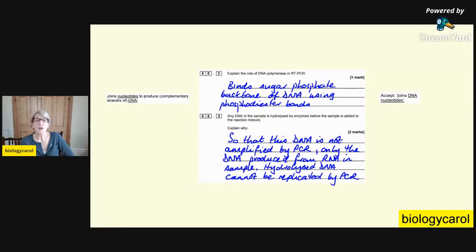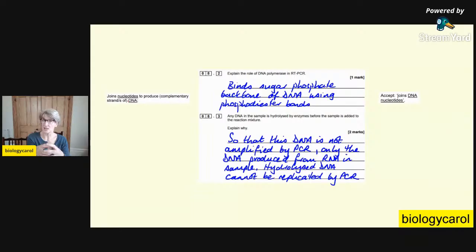Okay, any DNA in the sample is hydrolyzed by enzymes before the sample is added to the reaction material. Well, yes, it's got to be, hasn't it? Because if you have any spare DNA in your sample, that DNA is going to be PCR'd immediately.